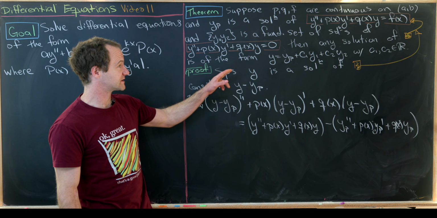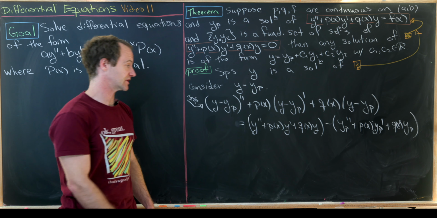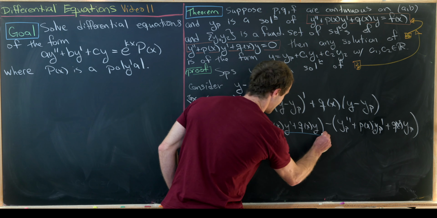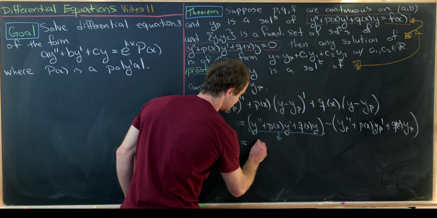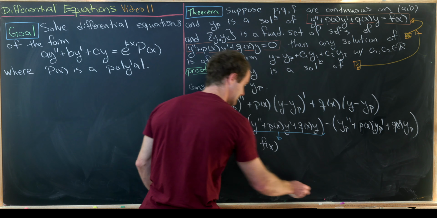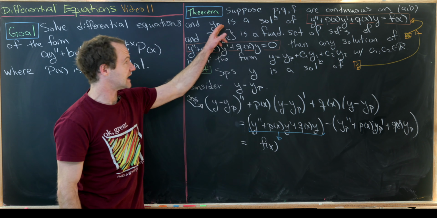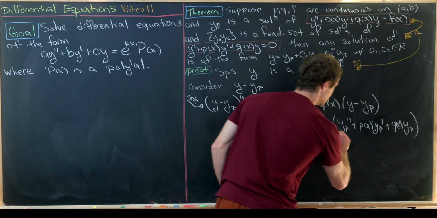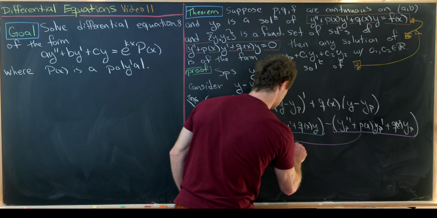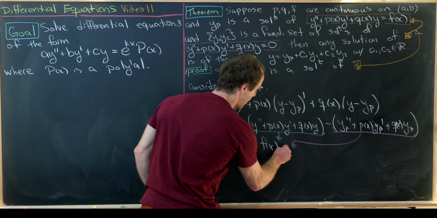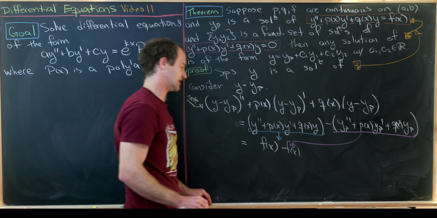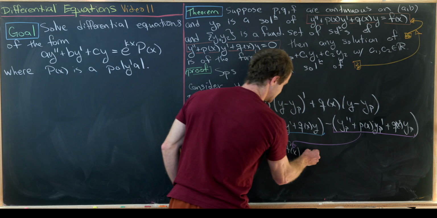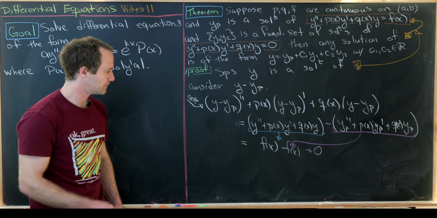But y was a solution of that brown box differential equation, which tells us that all of this stuff, which I'm underlining in blue, condenses down to the function f of x. And then yp was also a solution to that brown boxed differential equation. So that tells us that all of this stuff, which I'm underlining in purple, also condenses down to the function f of x. But that means that we have f of x minus f of x, which is clearly 0.